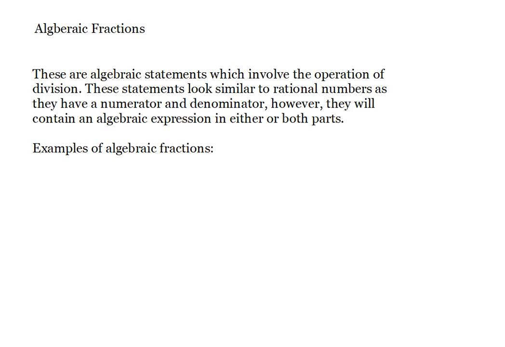Now, whenever we think about algebraic fractions, if you can remember the types of numbers you've interacted with, like I said, we're connecting it back to fractions, right? Because the word fraction is there. But we know that fractions are the set of rational numbers, right? So we're talking about any number that is of the form p over q, where basically p and q would come from whole numbers.